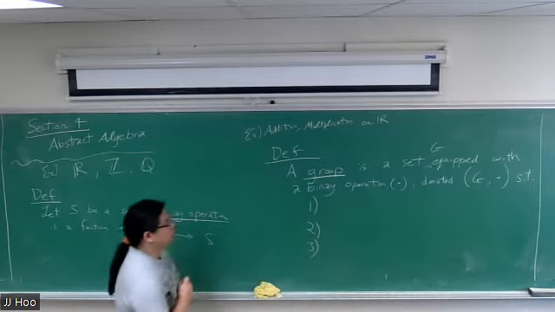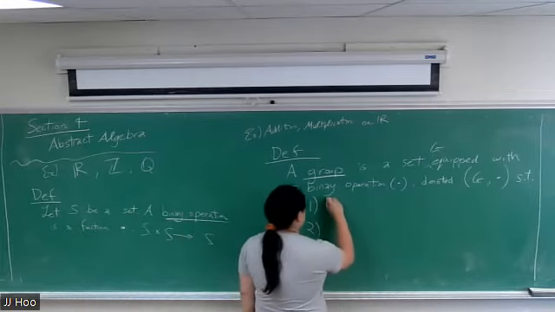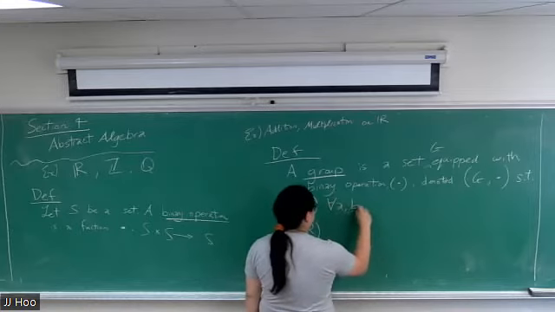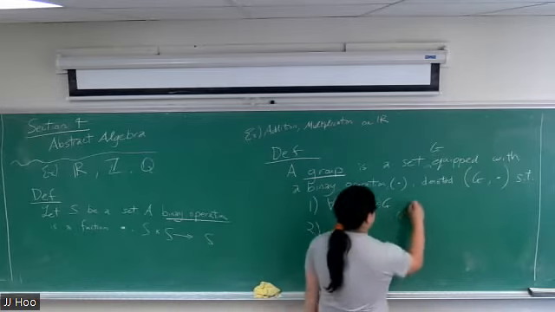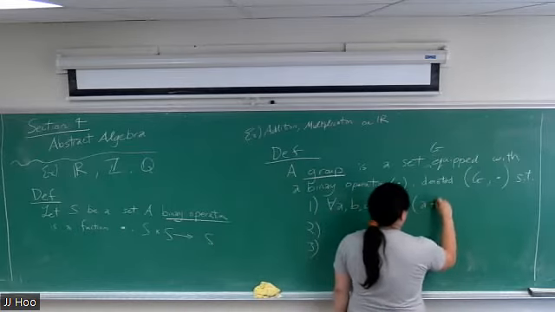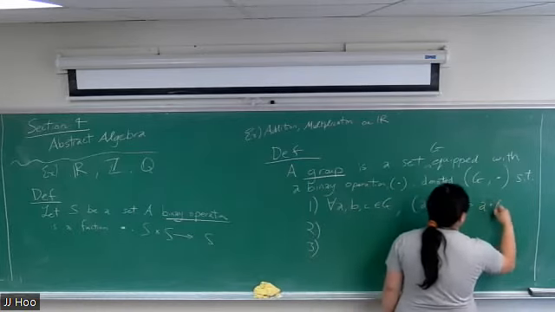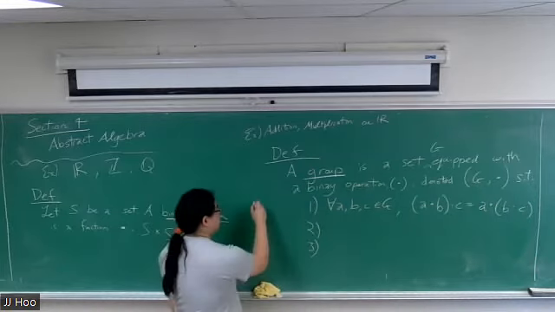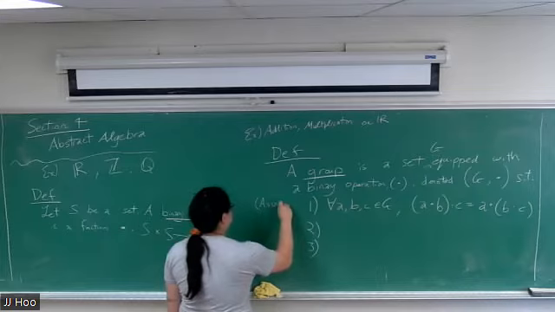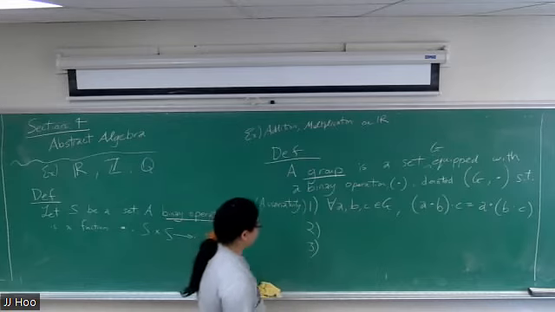Okay, so I'm just going to write down three properties, and here's what they are. For every a, b, and c in a group, we have a dot b dot c equals a dot b dot c with the grouping moved. That's obvious, that's associativity, right? Okay, what about the second one?